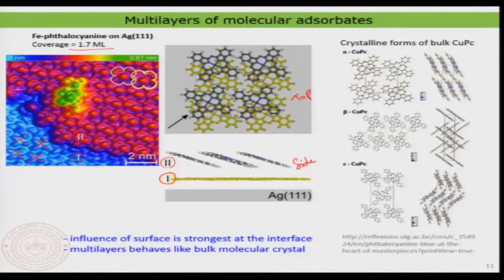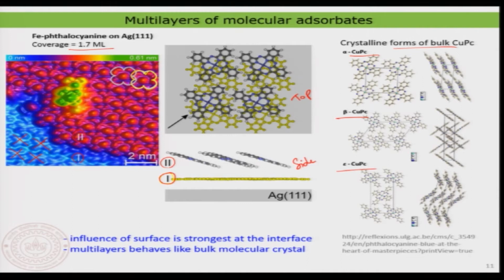So, how do you clearly say that this is the case? We can understand that if you look at the bulk structure of these kinds of phthalocyanine molecules. This is basically the packing of the copper phthalocyanine crystal, that means the 3-dimensional crystal of copper phthalocyanine molecules, and there people find different types of packing, which are known as alpha CuPc, beta CuPc, epsilon CuPc.